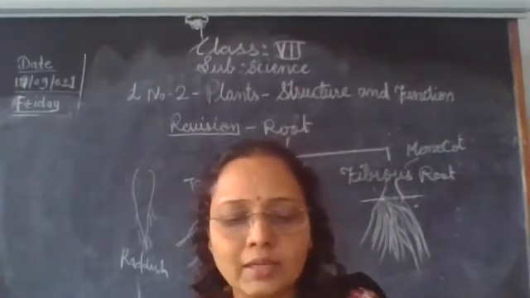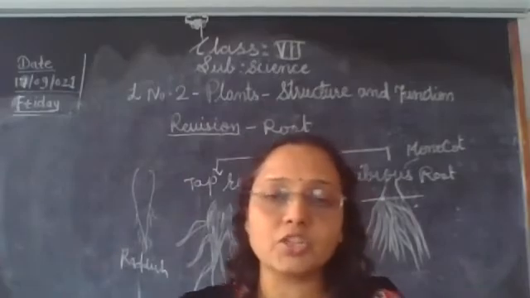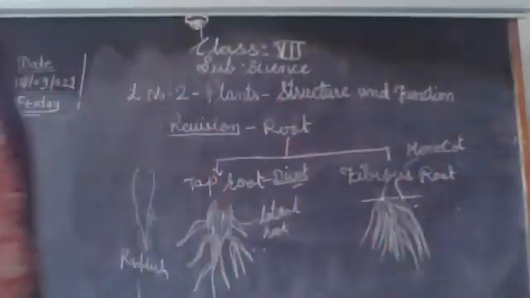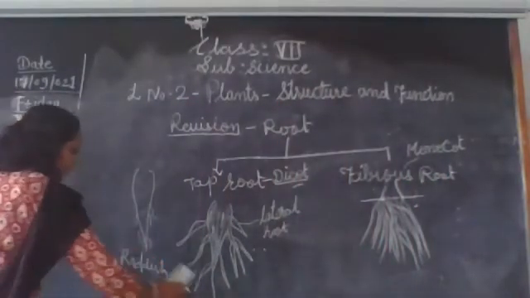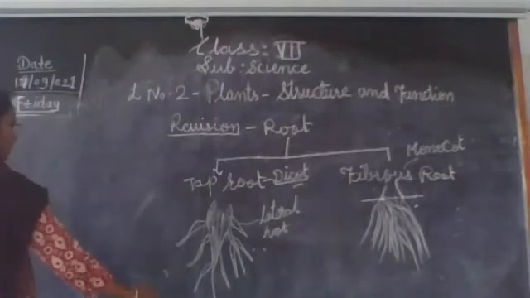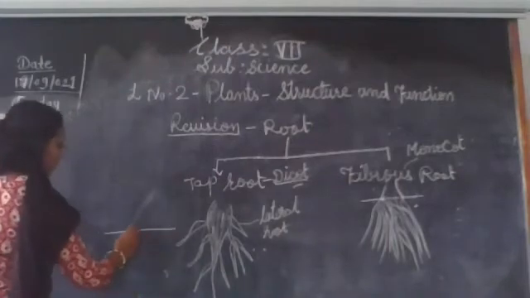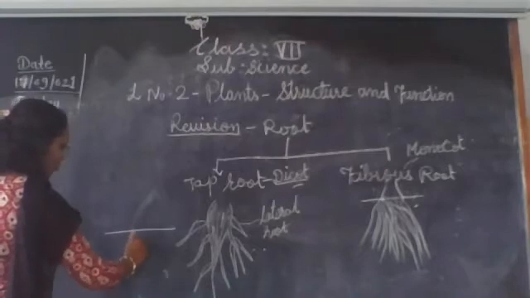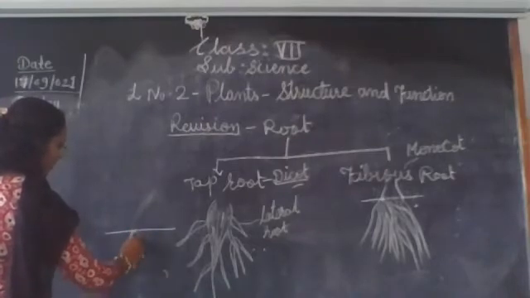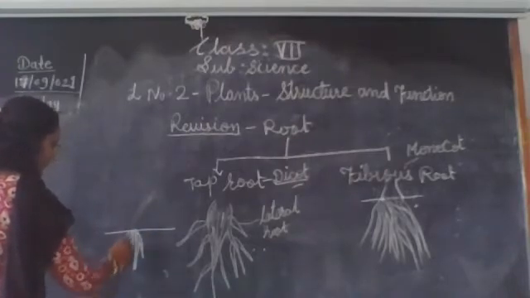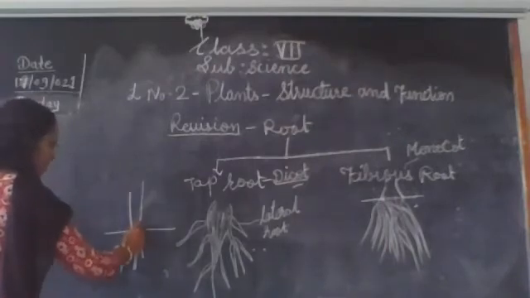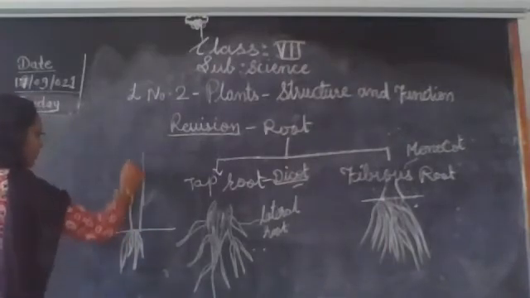Okay, the lateral, that is adventitious root. If you observe in sugarcane, it has roots. So this is the stem of sugarcane.